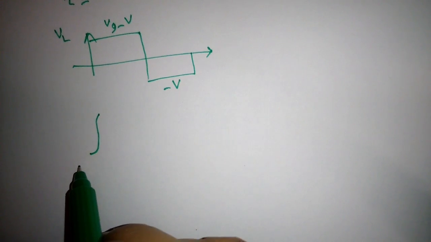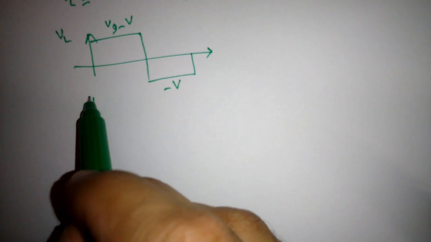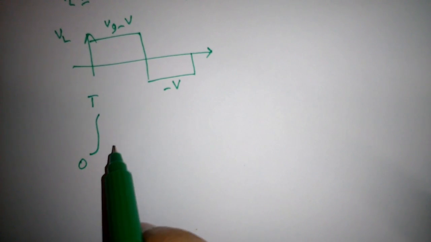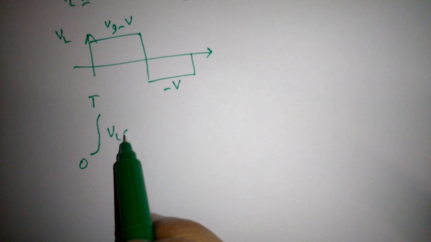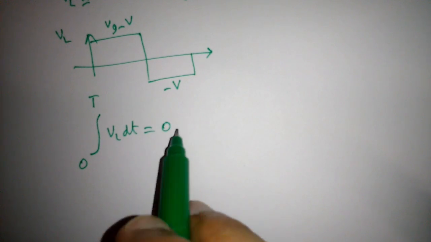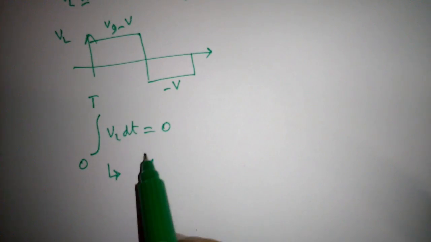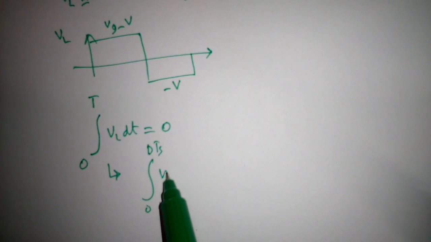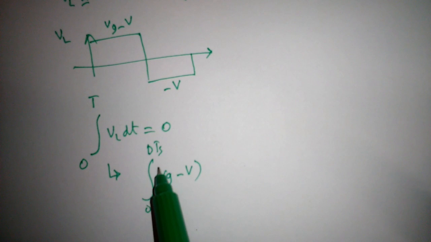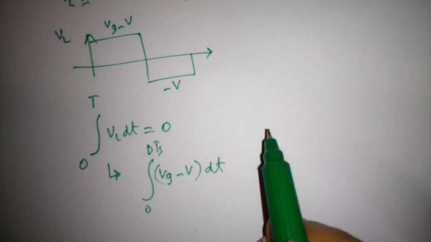By volt second balance, the inductor voltage over one time period is equal to 0. So the integral from 0 to dTs of (Vg minus V) dt plus the integral from dTs to Ts of minus V dt is equal to 0.